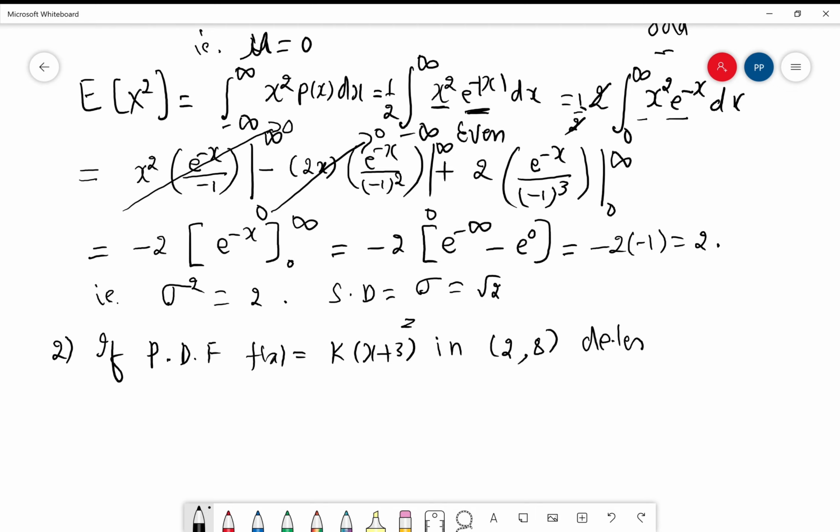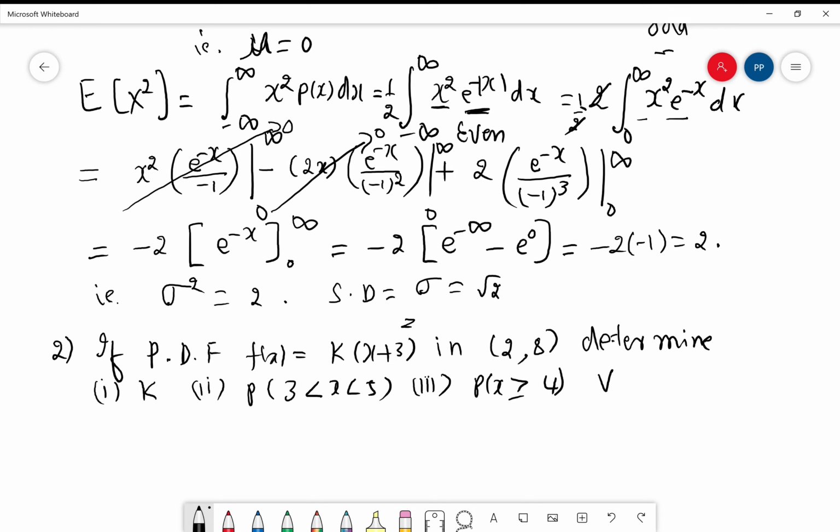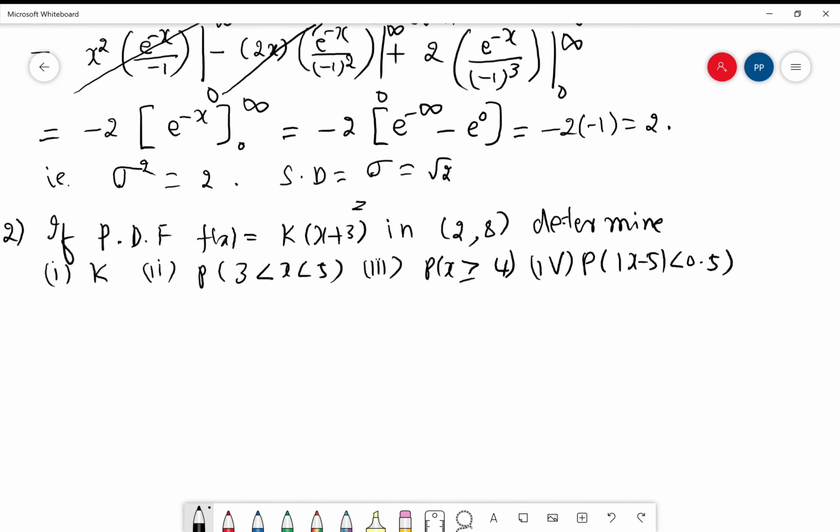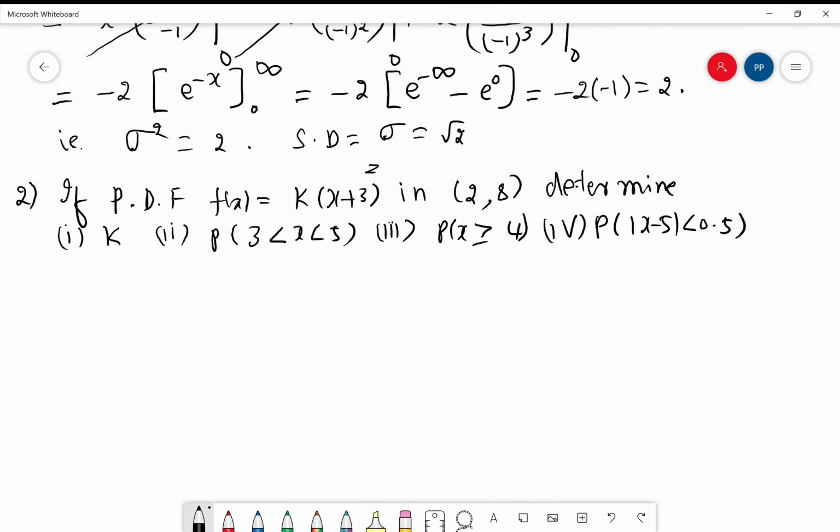Determine number 1, k, number 2, probability 3 less than x less than 5, number 3, probability of x greater than or equal to 4, and number 4, probability of mod x minus 5 less than 0.5. A very interesting problem because all kinds of intervals we come across here.